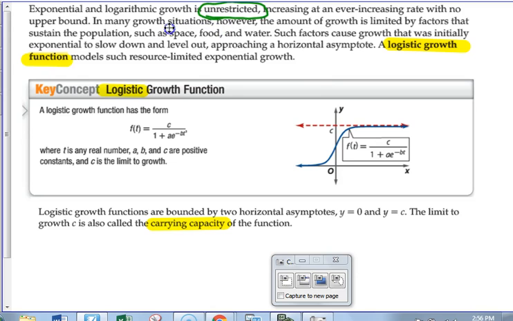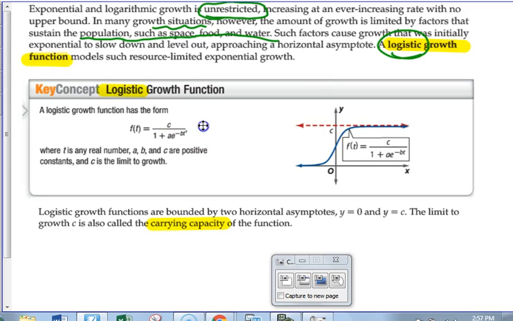But in many situations, there is a limit to how something can grow. Like a population can be limited by space, food, and water. Remember, we talked about this yesterday. The bears, or did I talk about a fish, throwing some fish in the pond and seeing how many fish, okay? This is going to be logistic growth because it's going to level out.